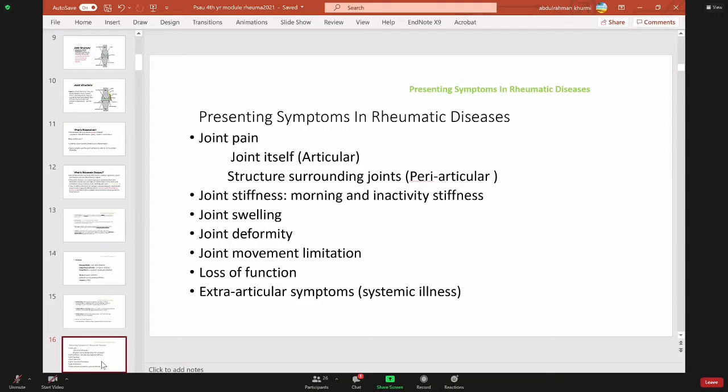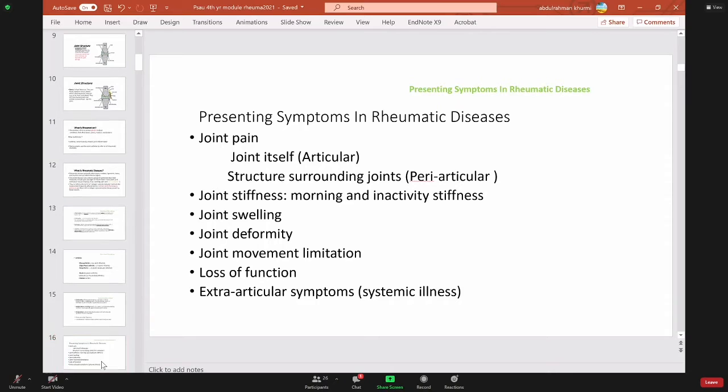Here, the stiffness improves with movement. We also have joint swelling, joint deformity, and movement limitation, so the patient is unable to move his joint, which leads to loss of function and sometimes to systemic illness and extra-articular manifestations.